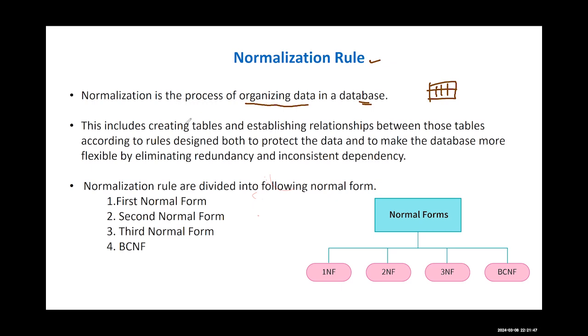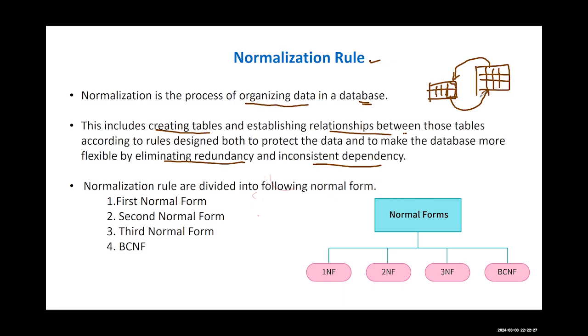This includes creating tables and establishing relationships between those tables according to rules designed to protect the data and to make the database more flexible by eliminating redundancy and inconsistent dependencies. This is important. When I say a database, it will have n number of tables, and there is going to be a relationship between these tables. In a relational database, they are related through an attribute, or a column, called a foreign key.